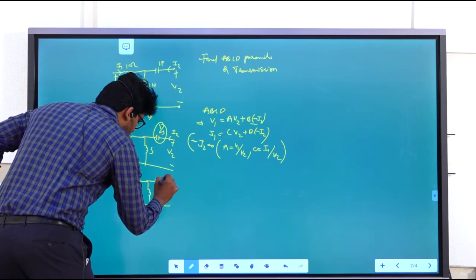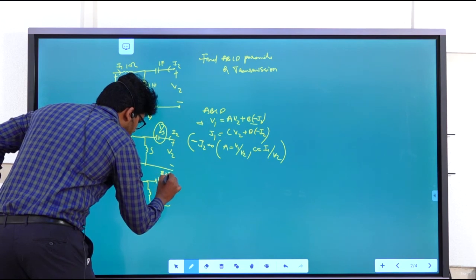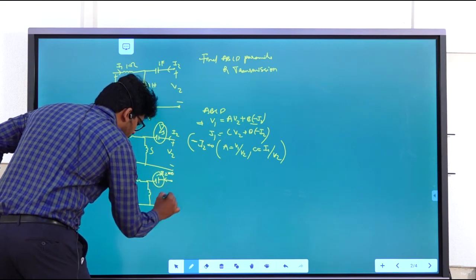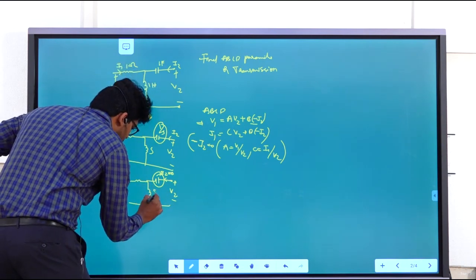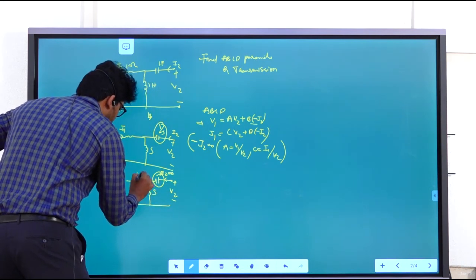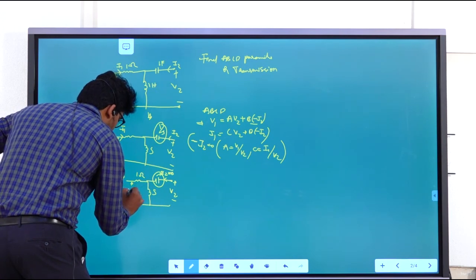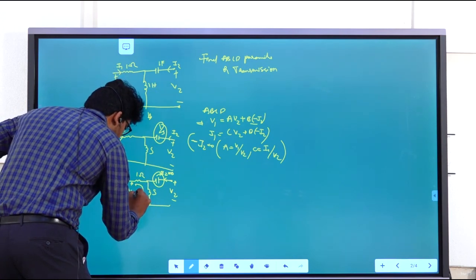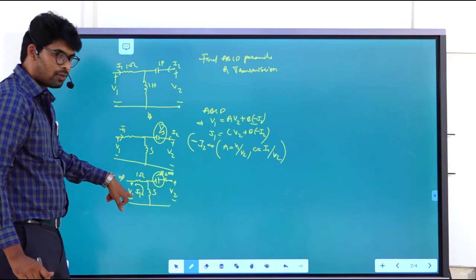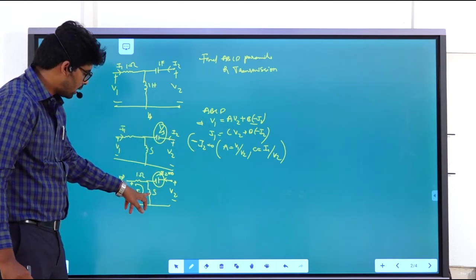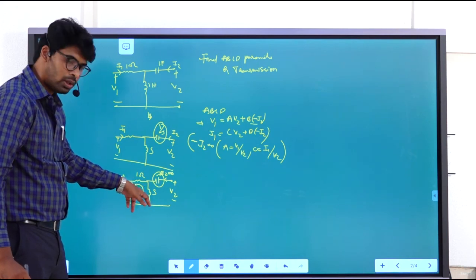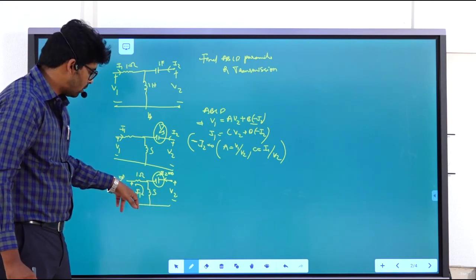So I2 equal to 0, so there is no voltage drop here. V2 will be equal to the voltage across this S resistance, that is 1 ohm. This is 1 ohm. What is the current flowing? Only I1 current is flowing, since we made I2 equal to 0, there is no flow of current. The current flowing through this element is only I1.